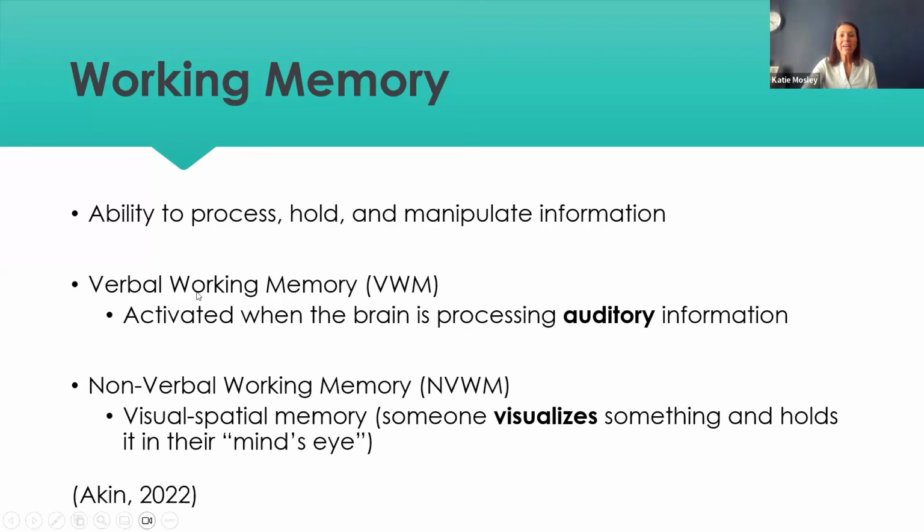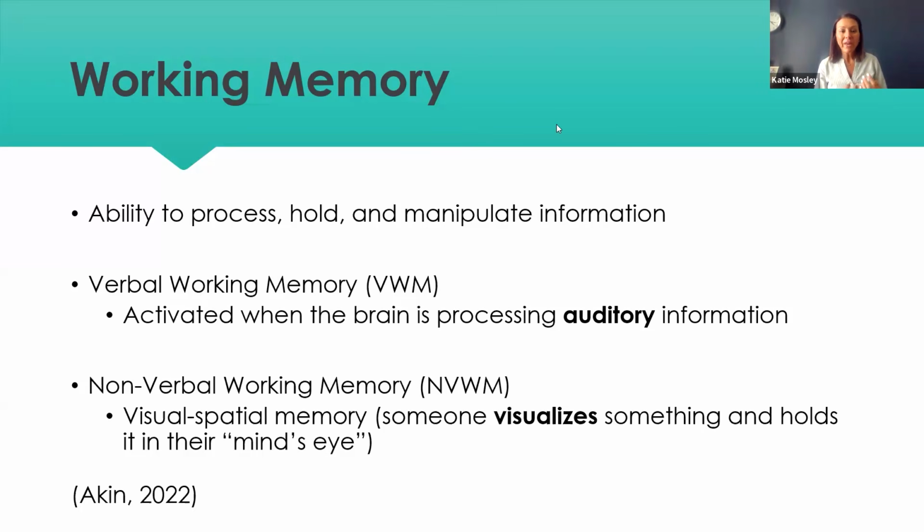So we actually have 2 different types of working memory. This is going to be important for our learners as we go into the strategies section with this particular component of executive function, because we can access working memory in 2 separate ways in our brains.